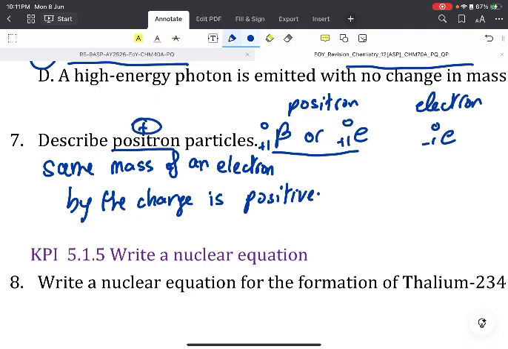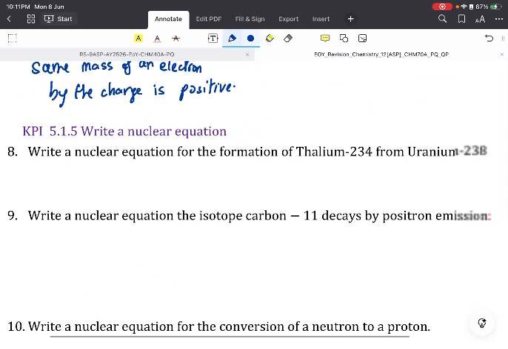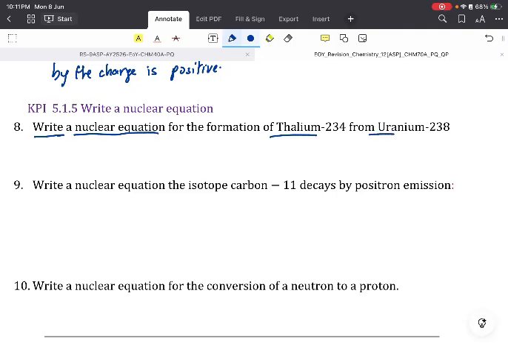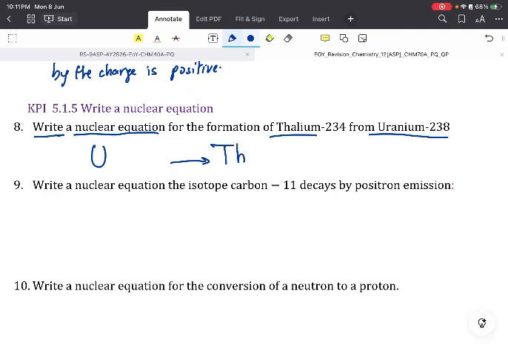It's a positive particle. Moving on to the next question, and in the nuclear equations, when they ask you to write a nuclear equation, this is where you need to use the periodic table. So first of all, it says thallium, write a nuclear equation for the formation of thallium from uranium. So I have uranium and giving me thallium, it's Th.